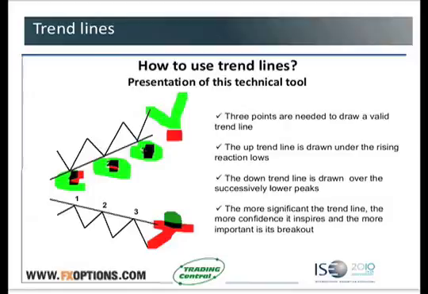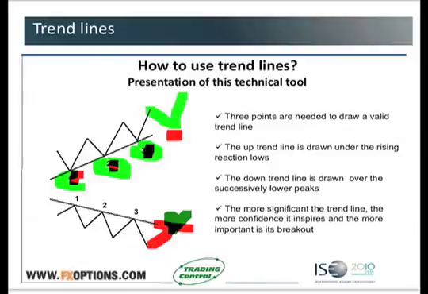But the most important, you can also buy if you break above the bearish trend line, because you have 3 points, so it's a valid trend line. So if you break above this, you can consider that we have a bullish signal, and you can enter a long position.